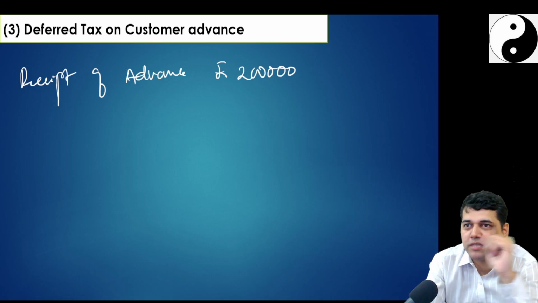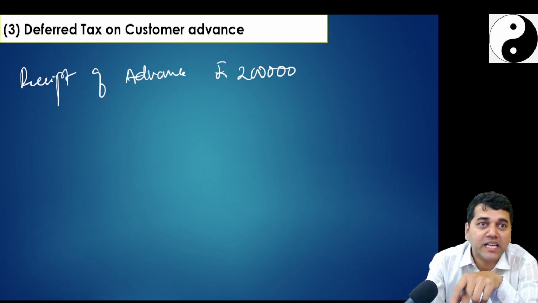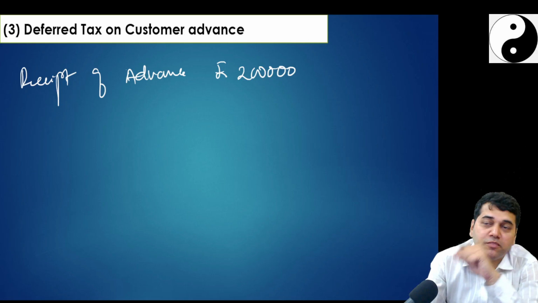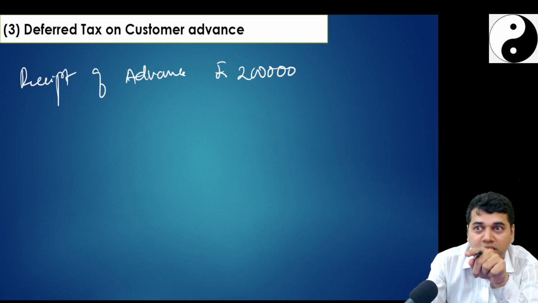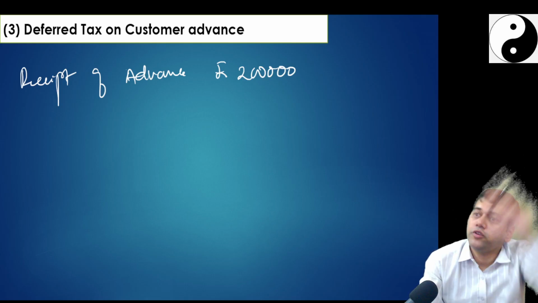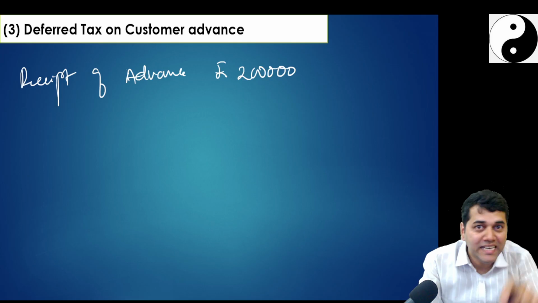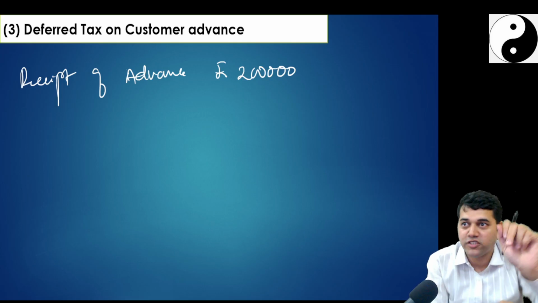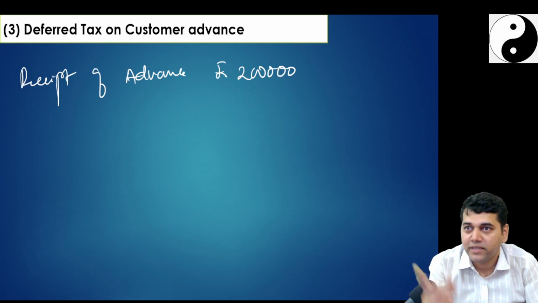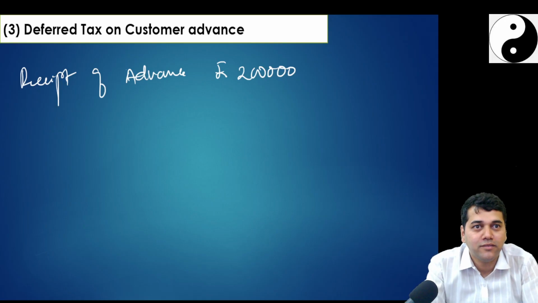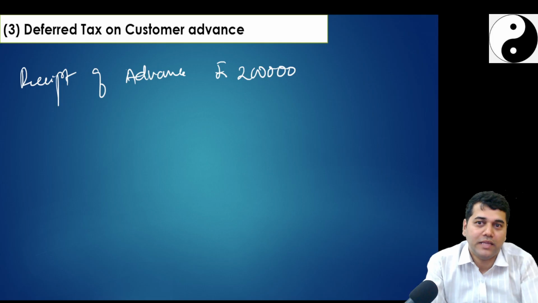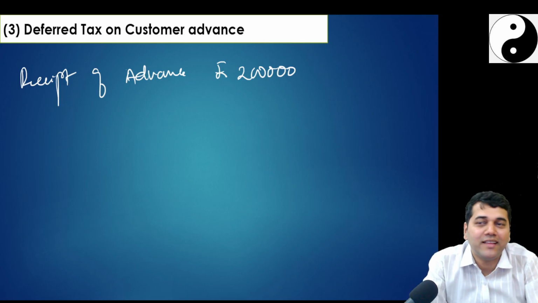Bank account debit to customer advance. You prepared an income tax computation statement. Profit as per P&L account. Is this customer advance sitting there? No, because you took it to the balance sheet. Then will you add income as per income tax? Will you add this 2 lakh rupees? They said no, you have to pay tax right now. That means you have got a current tax liability.